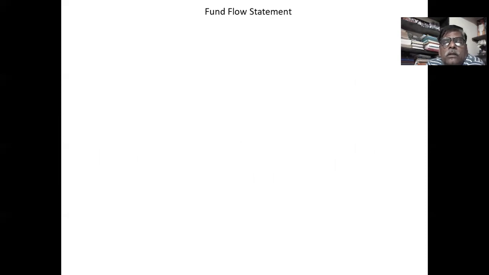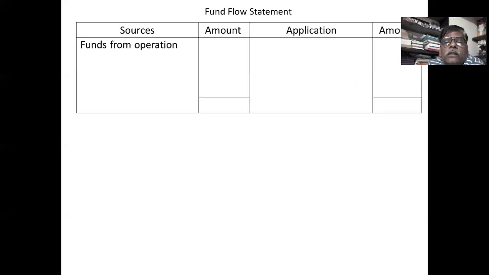In the fund flow statement, first you write the funds from operation. Funds from operation is 2,16,000. Thereafter, you write the purchase and sale of assets. Purchase of plant is 18,000. Okay. And there is no sale of asset.